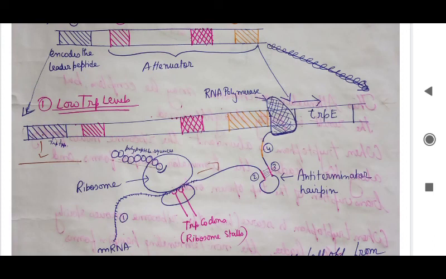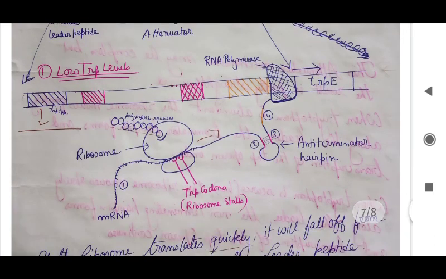Now at low tryptophan levels, the ribosome will stall at the leader sequence, and as the ribosome stalls there, this attenuator region forms a hairpin called the anti-terminator hairpin, made by the 2 3 4 region.